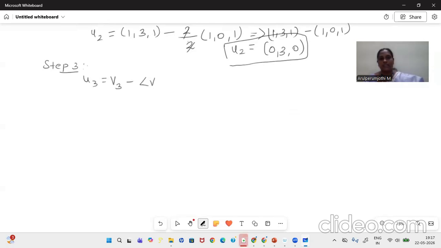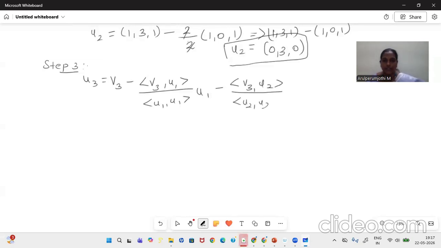V3 minus inner product of V3 comma U1 divided by inner product of U1 comma U1, into U1, minus inner product of V3 comma U2 divided by inner product of U2 comma U2, into U2. We'll find them one by one.